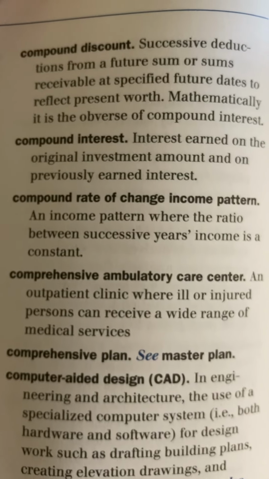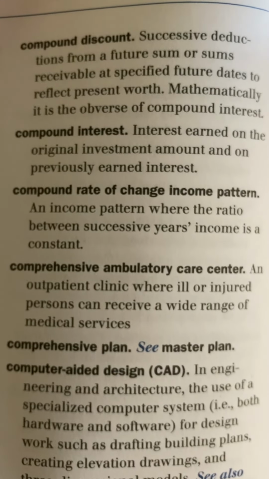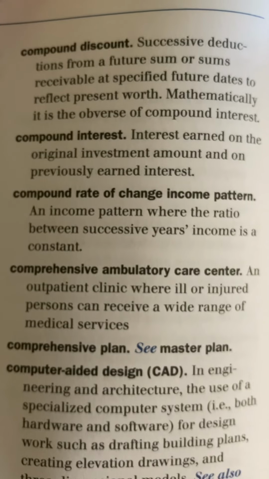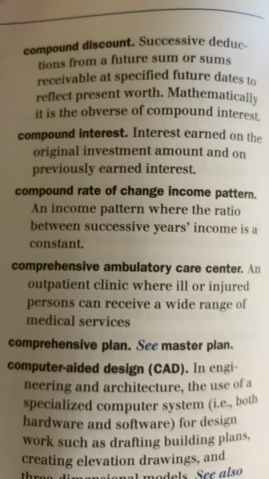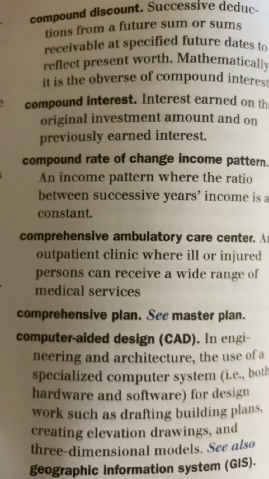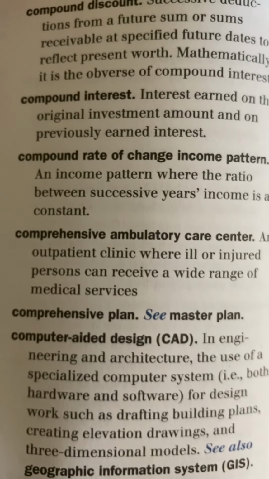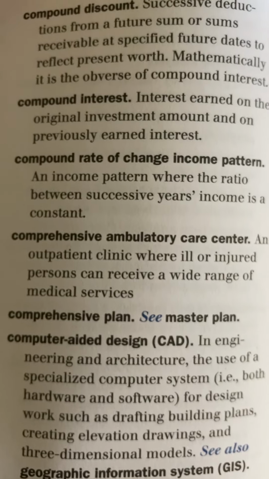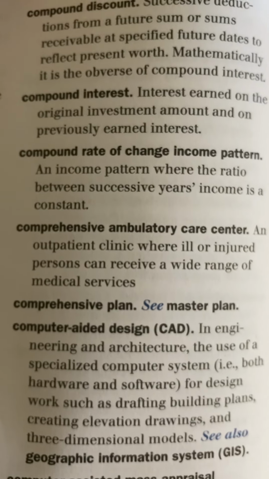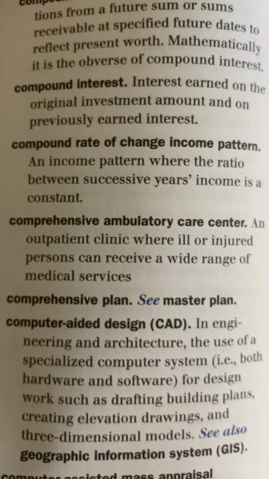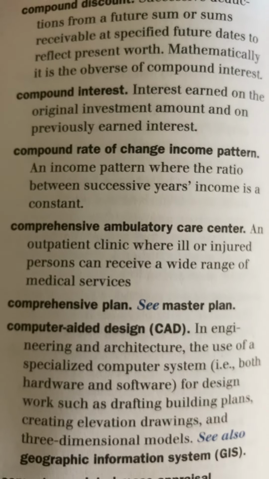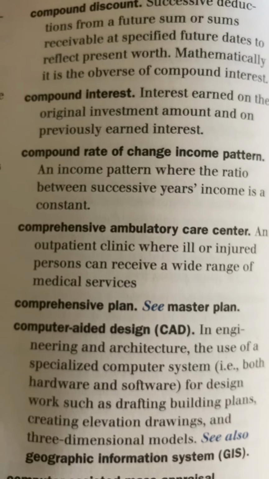Compound interest. Interest earned on the original investment amount and on previously earned interest. Compound rate of change income pattern. An income pattern where the ratio between successive years' income is a constant.